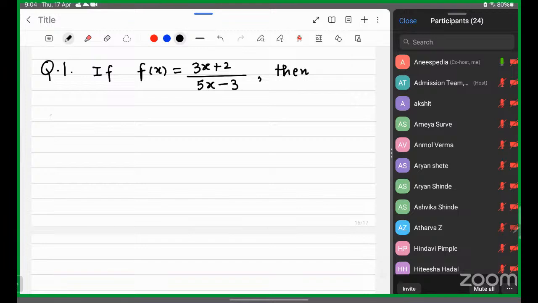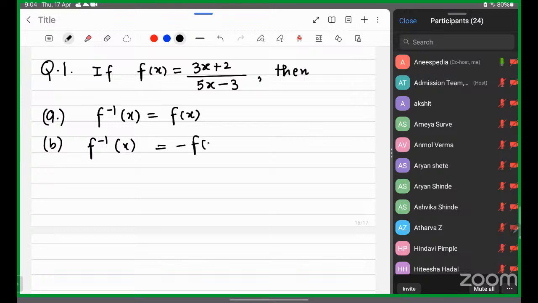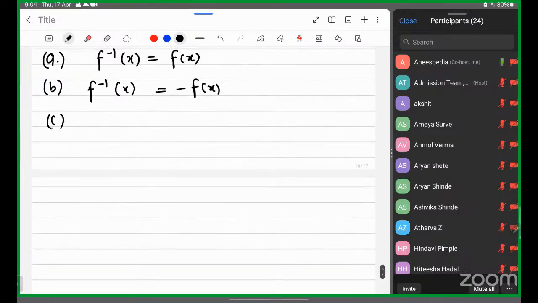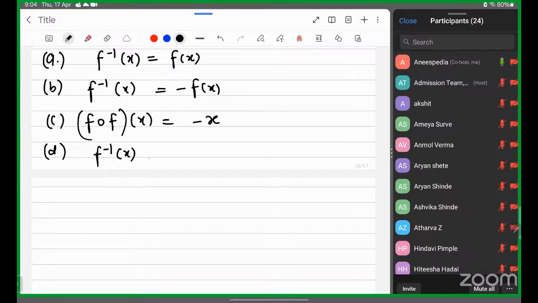First part is f inverse of x is f of x. Second part is f inverse of x is minus f of x. Third is f of x will be equal to minus x, and D is f inverse x is minus 1 by 19 times f of x. You have to select the correct option.